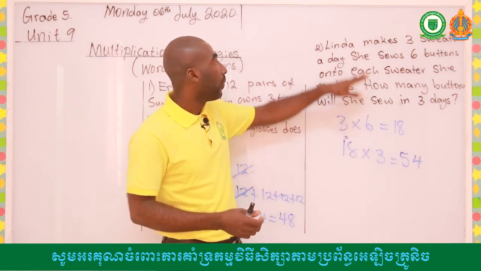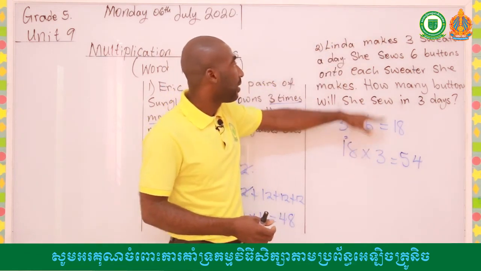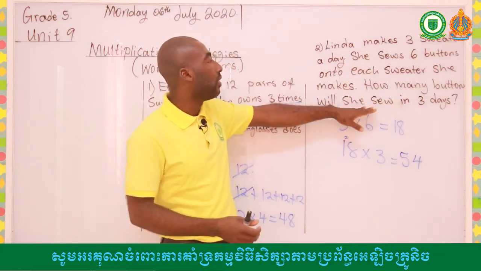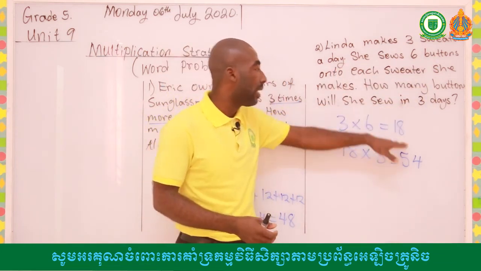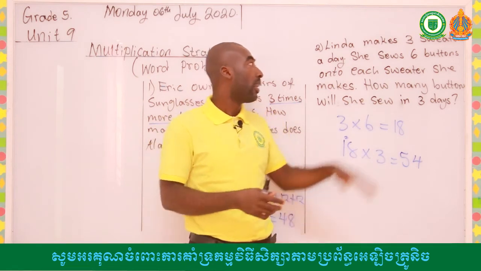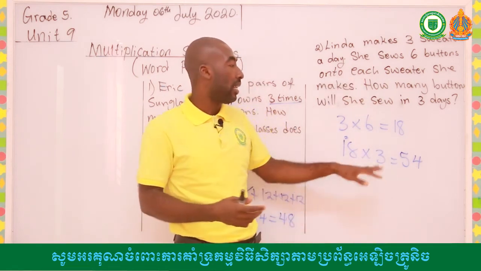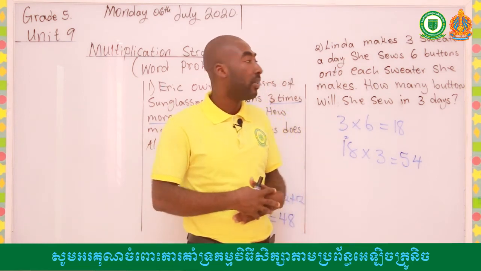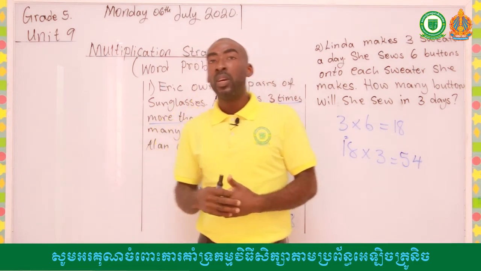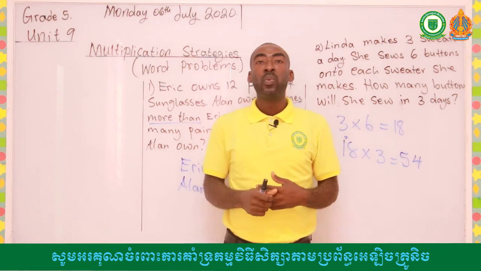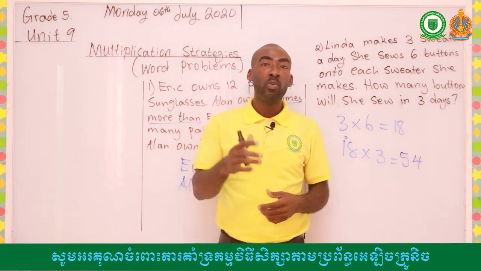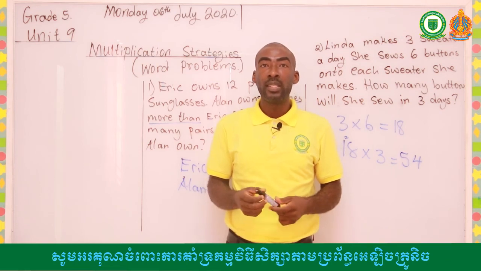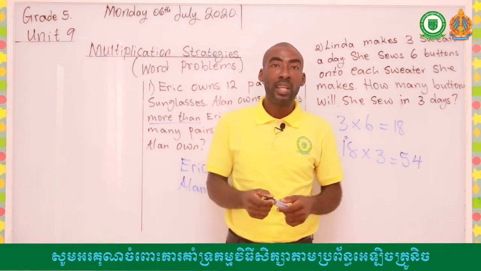You take your 3 sweaters by 6 buttons on each, and then you take your 3 days by the number of buttons that you can make on each day, and that is going to give you your final figure. Okay, so in this case we will conclude with homework that will be posted to you as well for you to finish and send to me before our next week class.